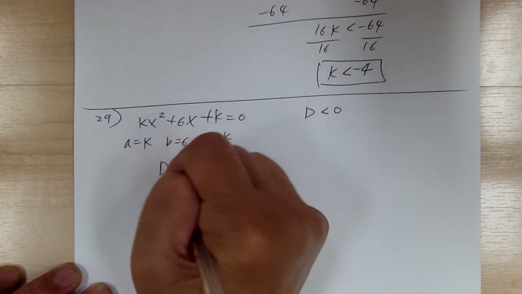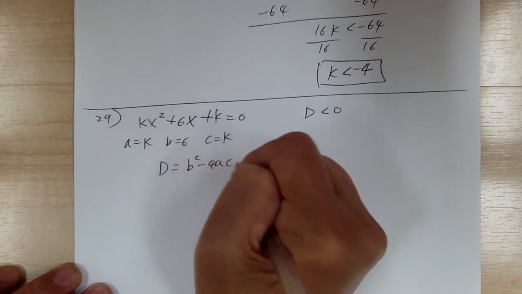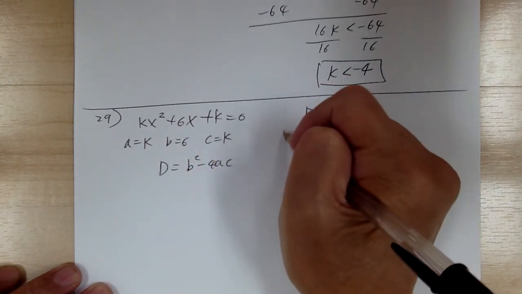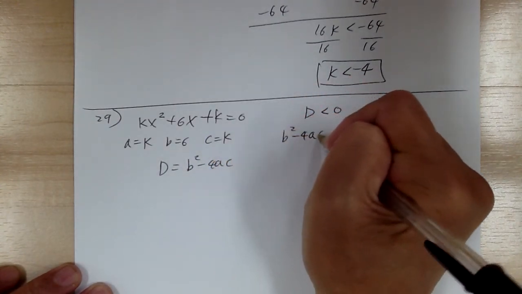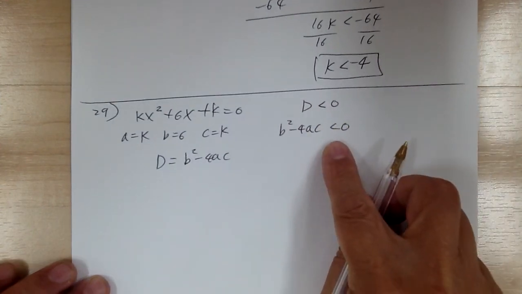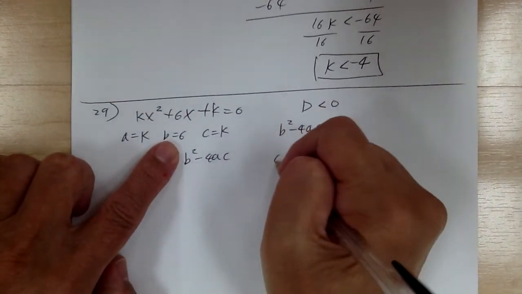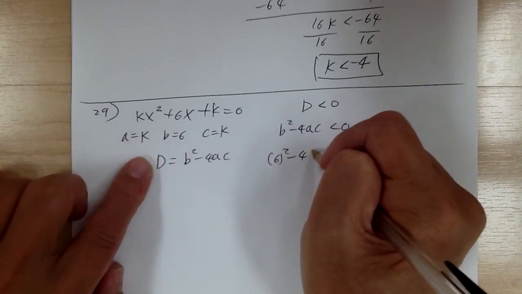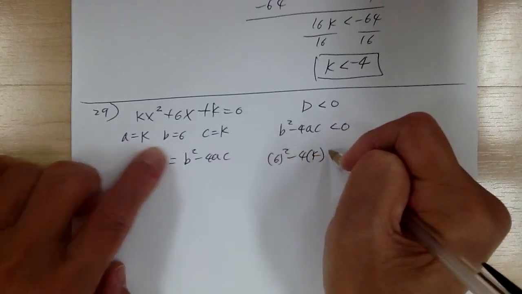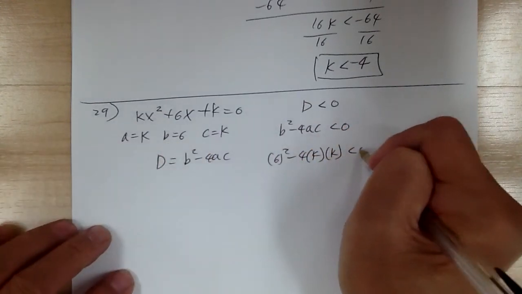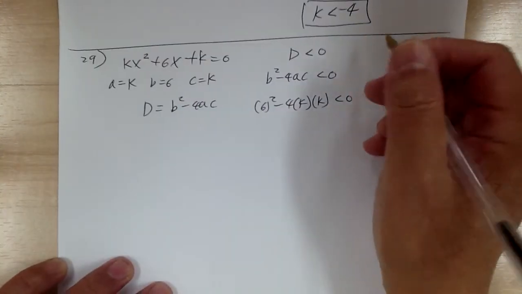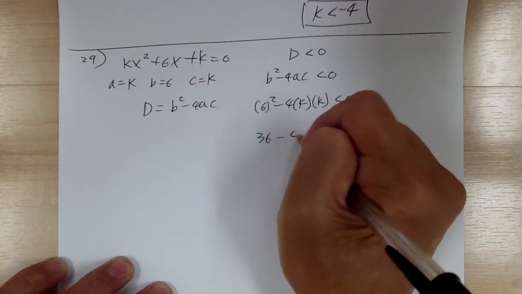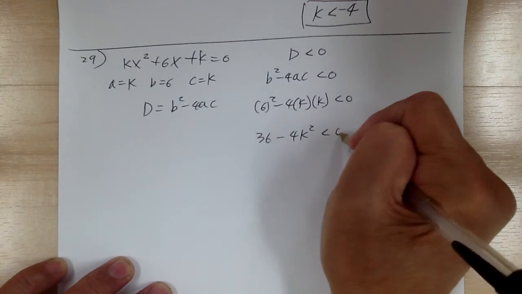Again, d is equal to b squared minus 4ac. So substitute this into here. So you've got b squared minus 4ac is less than 0. So substitute: you're going to get 6 squared minus 4ac is less than 0. Okay, so you've got 36 minus 4k squared is less than 0.